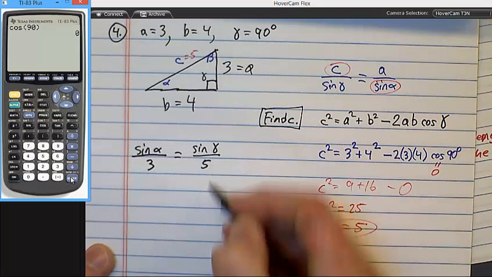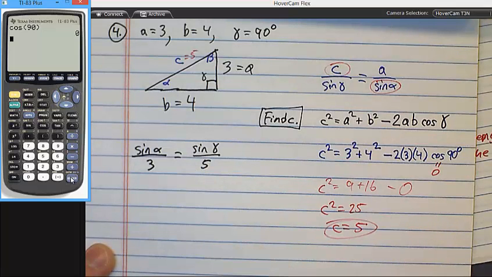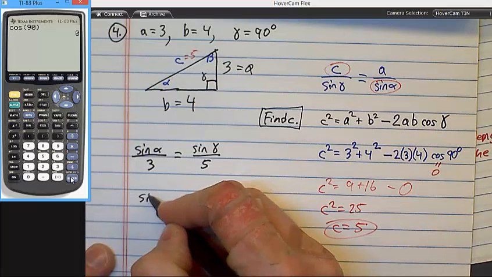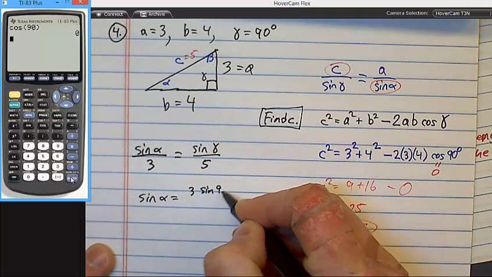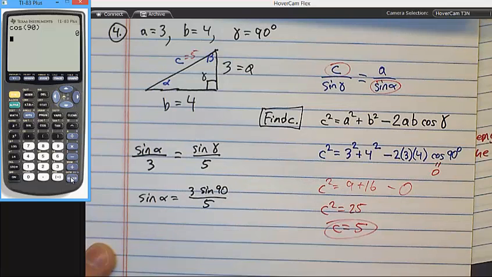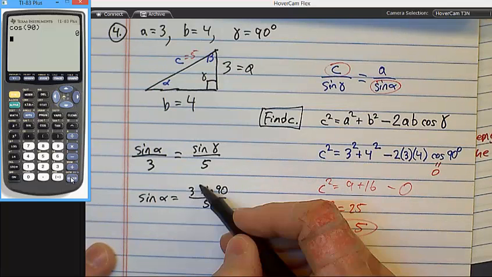By the way, what is the sine of gamma? 90 is gamma, so what's the sine of 90 degrees? It's 1, right? So the sine of alpha is 3 times the sine of 90 over 5. That's 1, so this is just 3/5.